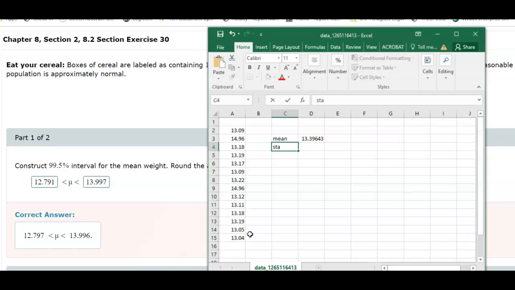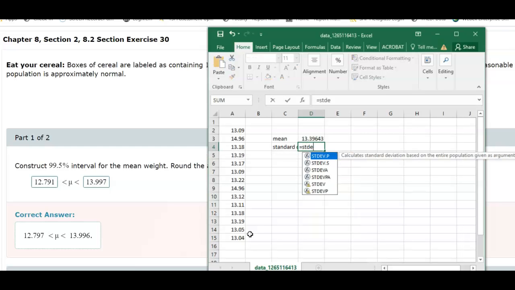To find my standard deviation, I'm going to come over here and hit equals STDEV. Now you will notice there is an STDEV.P, which is for the population, and then there's a .S for the sample.